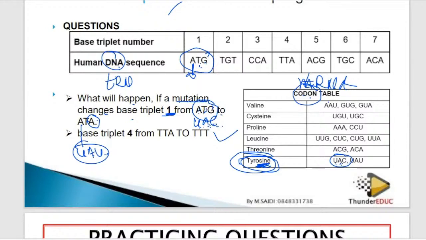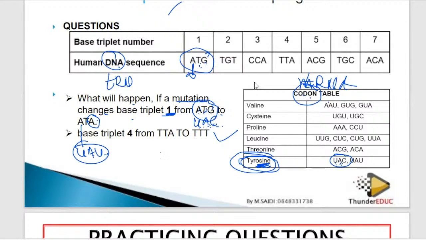I don't want to pronounce it badly. So if I call you the other way around, you say yes, sir. When I call you with another name, you also say yes, sir. You understand? So it means that they are coding for the same amino acid, however much the codes are different. Is it clear there? Yes.